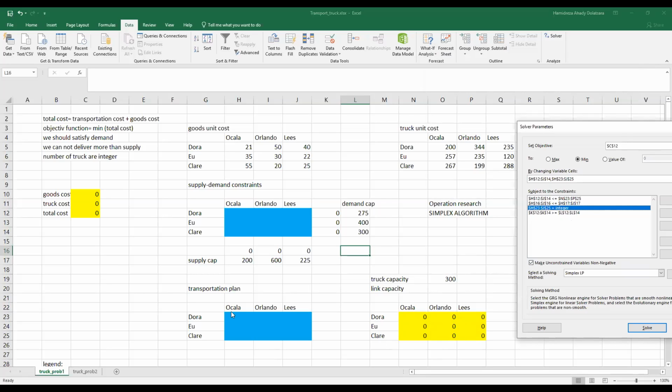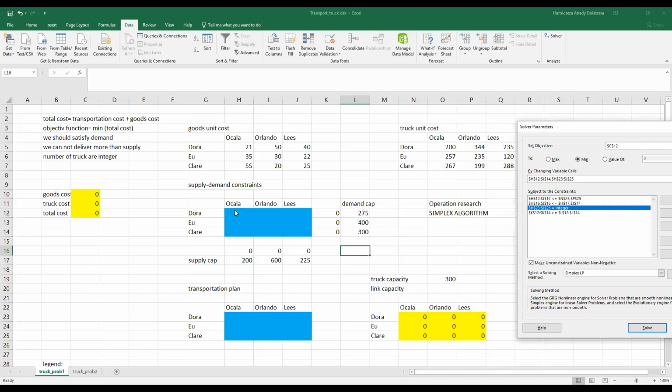For example, let's say at the end Excel calculated and said you should send 2 trucks to Dora. So the yellow here would be 600. So the capacity of that link would be 600 in this yellow one.